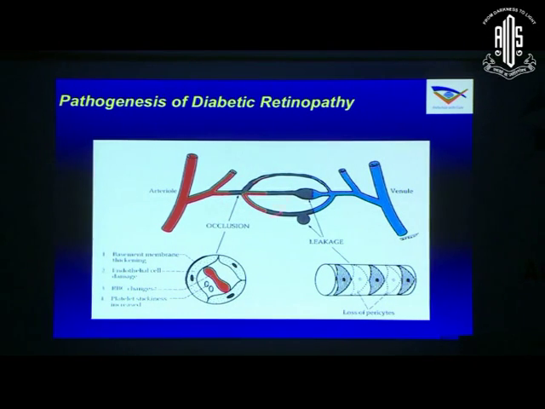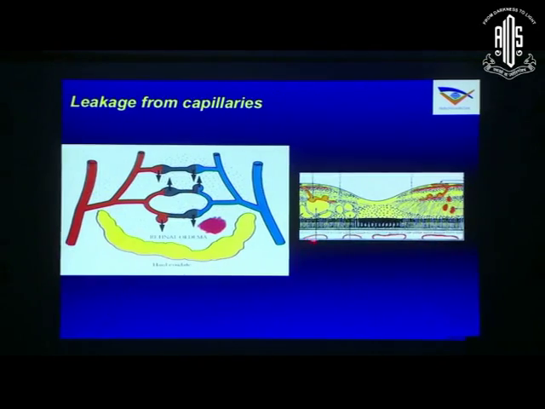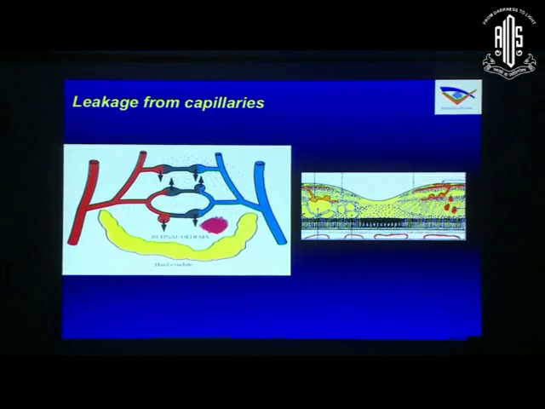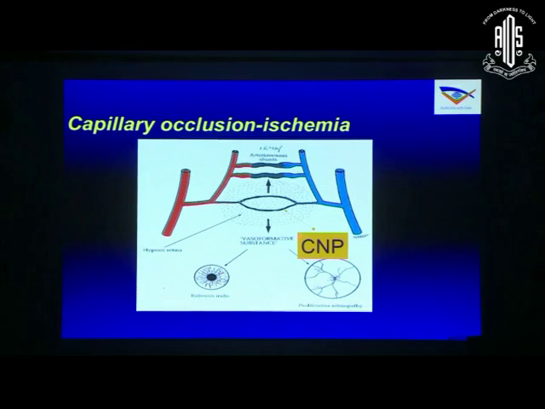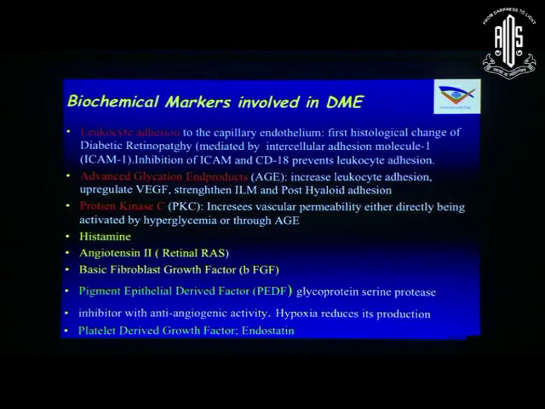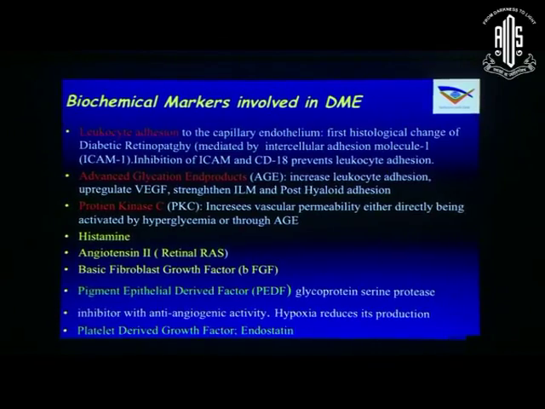This occlusion leads to formation of microaneurysms, which are basically the sites where the neovascularization eventually is formed, and these microaneurysms eventually lead to leakage, which occurs in the form of retinal edema and hard exudation in the macular area. The occlusion also results in formation of vasoformative factors, which is evident on angiography as the CNP areas, and this leads to neovascularization.